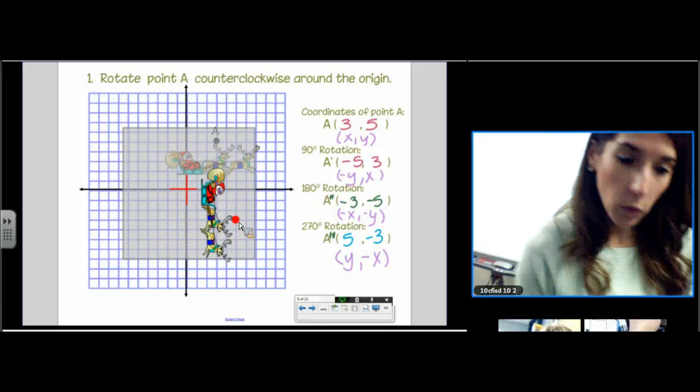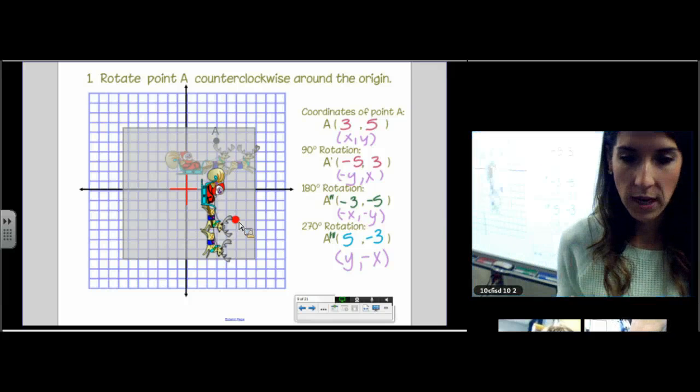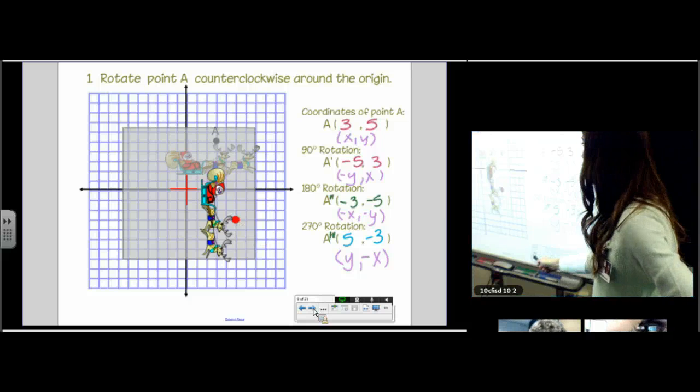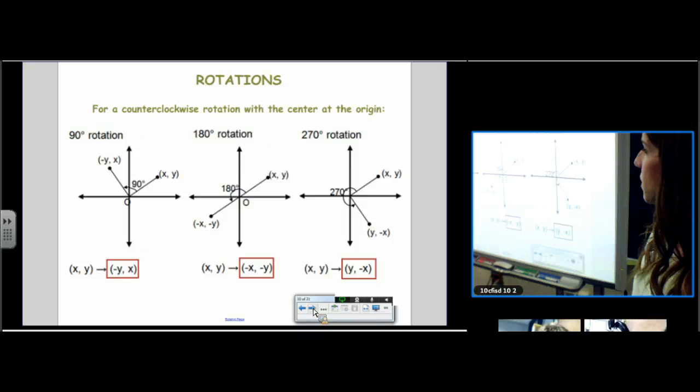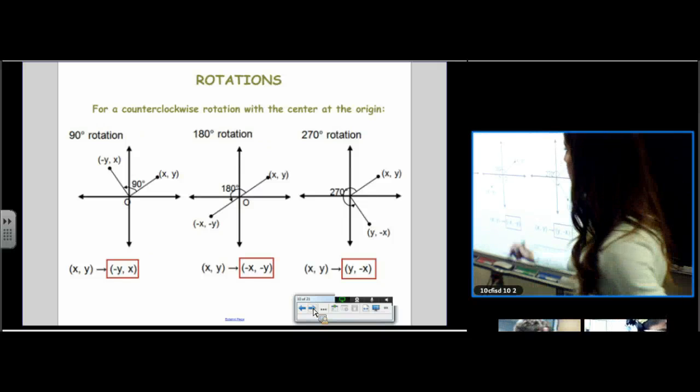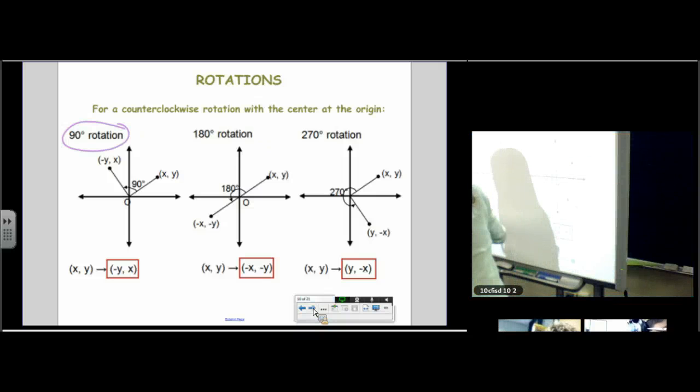So those are our rules for rotating, and I have them on a slide. If you're taking notes, you don't need to draw the pictures necessarily, but I do need you to write down the rotation and the rule that goes with it.